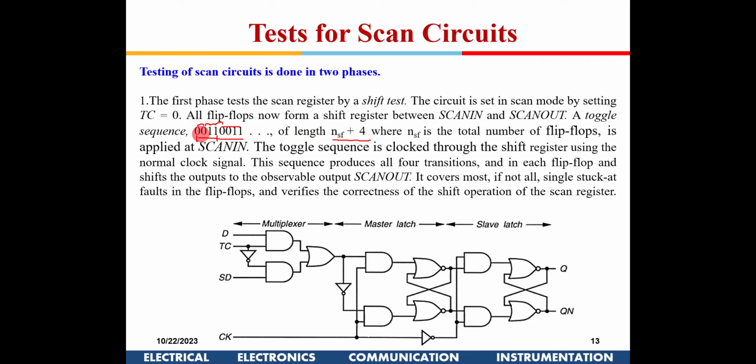So n plus 4 clocks will be required, and the string starts with 0 0 1 1, into that many flip-flops, plus 4.